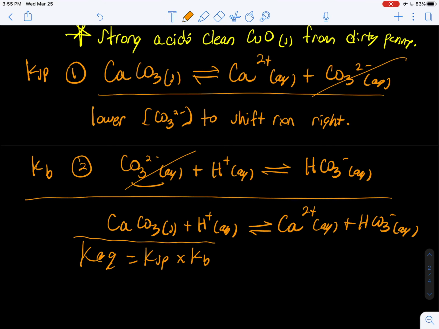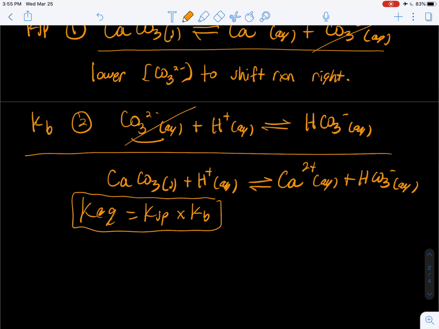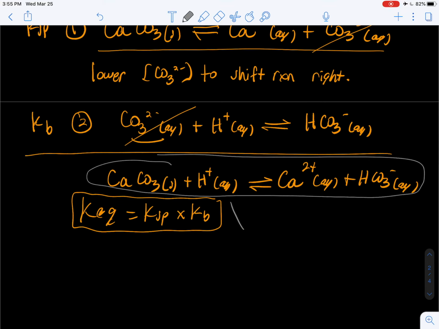And we've looked at these rules of equilibrium before. And so now if we look at this chemical equilibrium, it's very clearly evident that we can do a couple of things, okay? If you increase the concentration of acid, this reaction shifts right, okay?